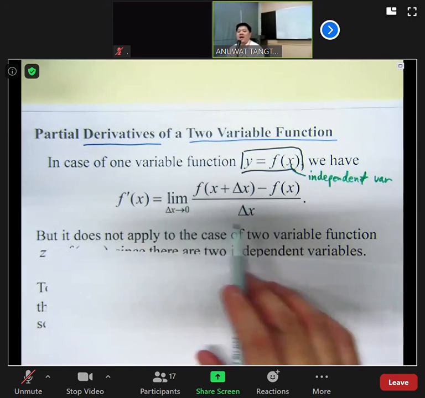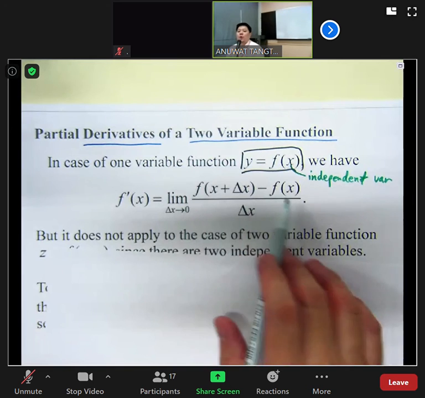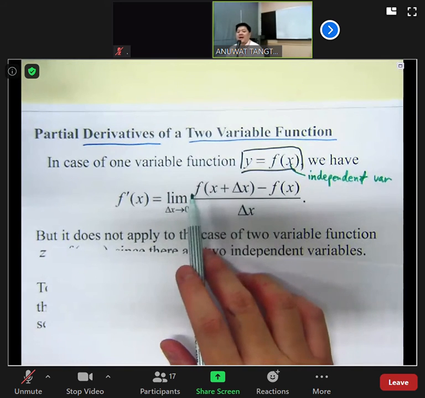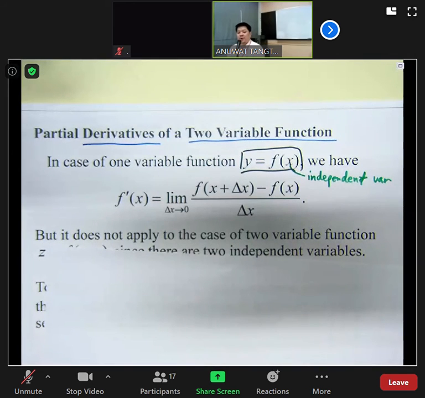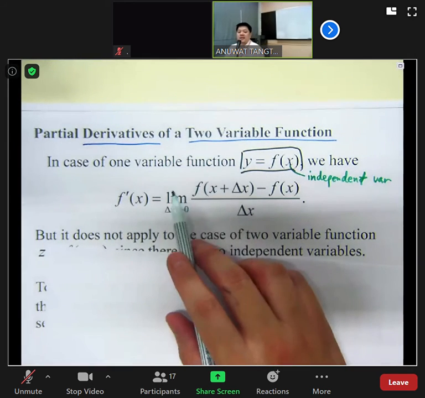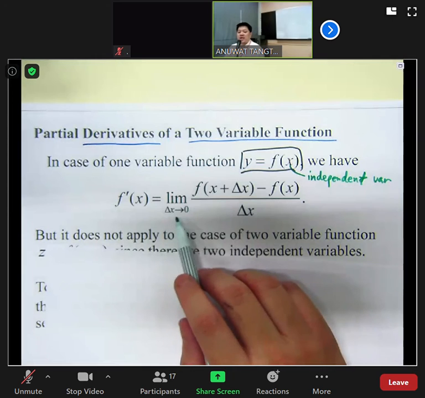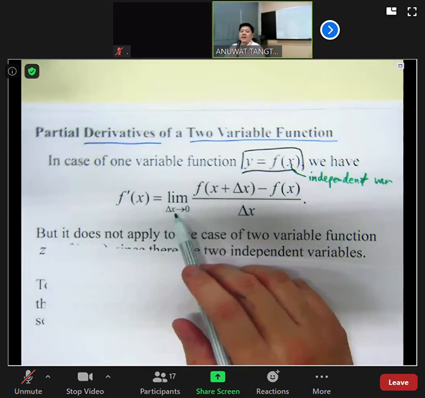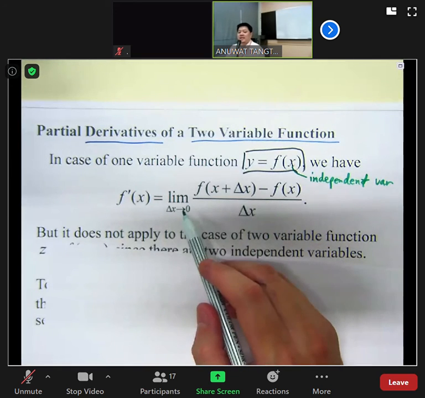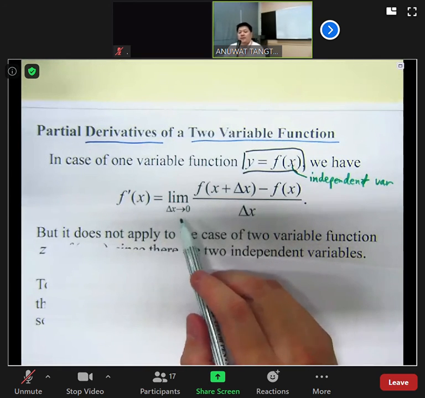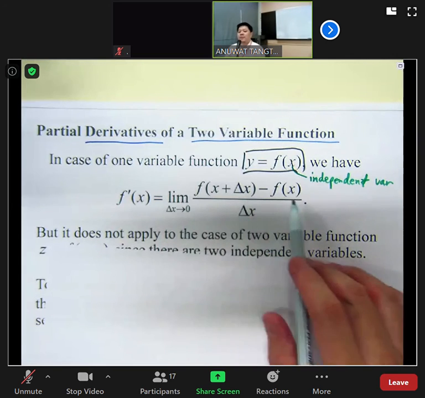We compare the change of the function to the change of the independent variable, and we take the limit as the change of the independent variable becomes very small. That comes out to be the derivative, or the rate of change at the instantaneous time.